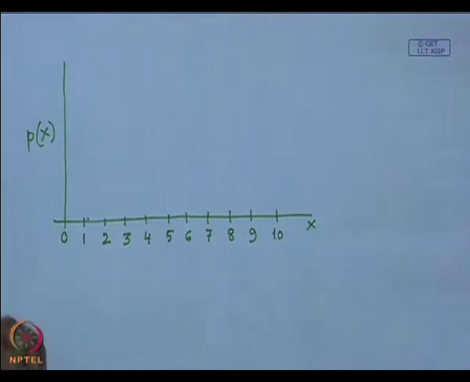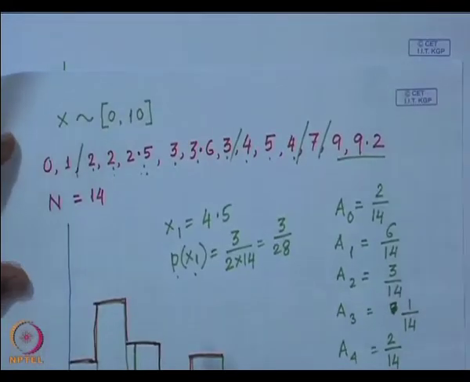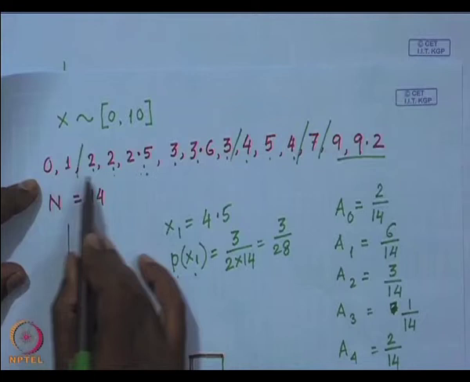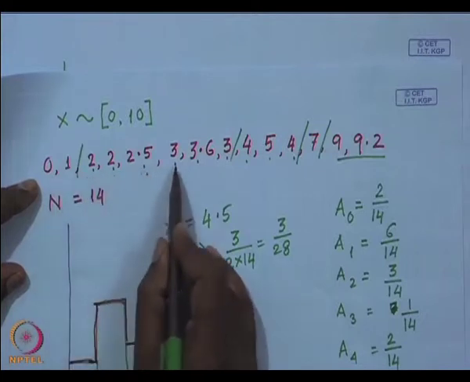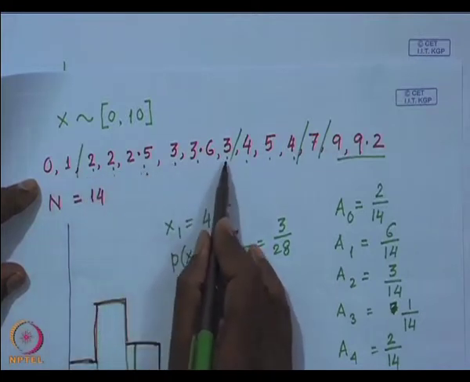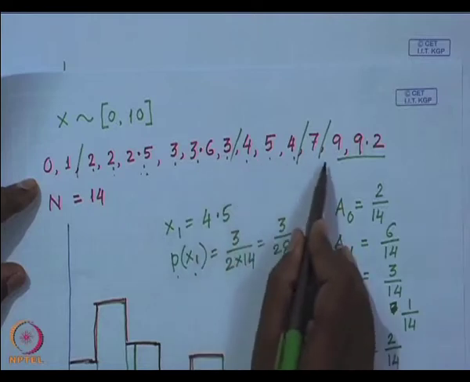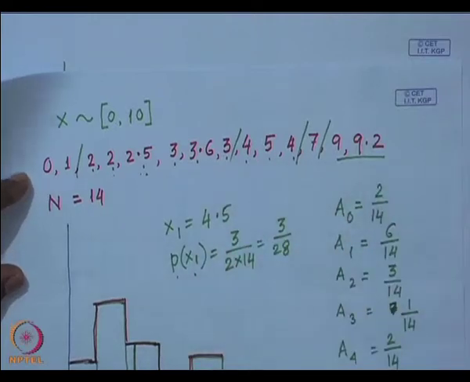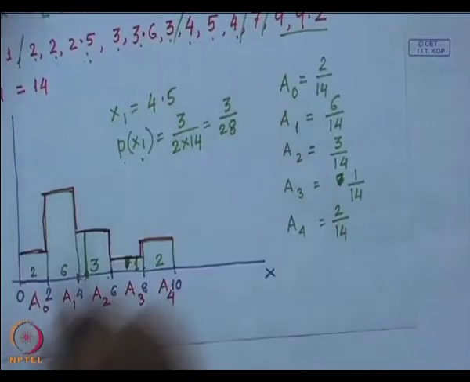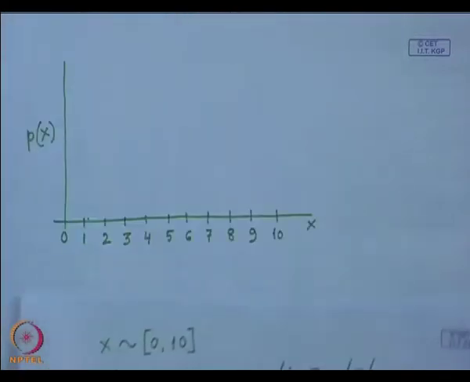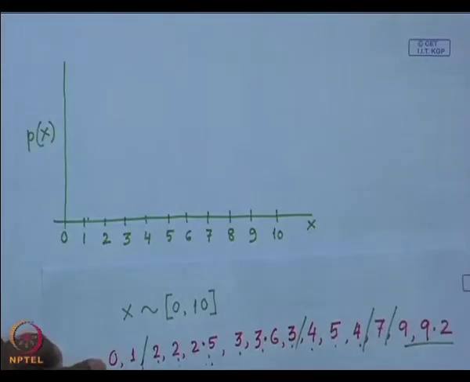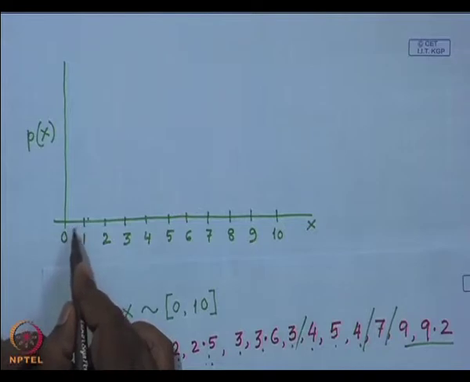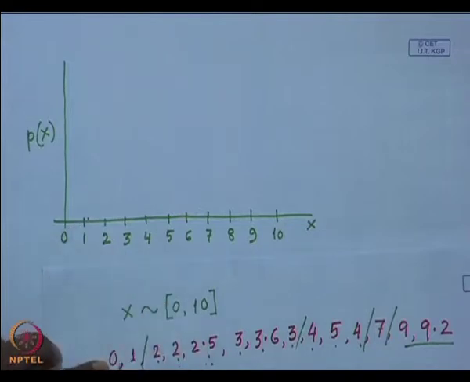Now, given these bins, I take the same set of samples which I took for the earlier example, that is 0, 1, 2, 2, 2.5, 3, 3.6, 3 again, 4, 4, 5, 7, 9 and 9.2. Okay. Given this set of samples, you find that sample 0 falls within the first bin, and this is the only sample which falls in this bin.